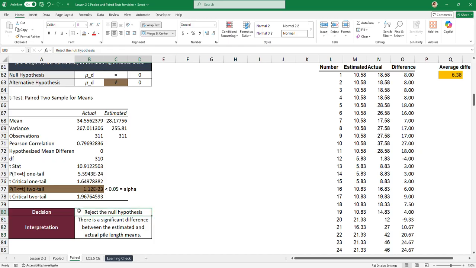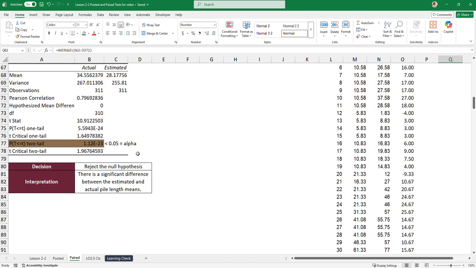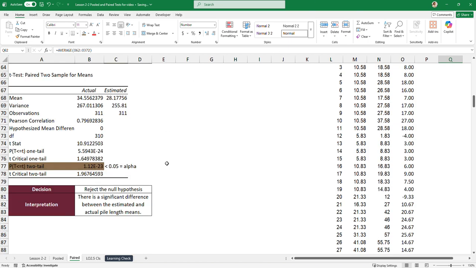So because we got a reject, that means they're not the same for the two groups. We have a difference. On average, the difference is not 0. 6.38 is considered statistically significantly different from 0. And that is the paired test.